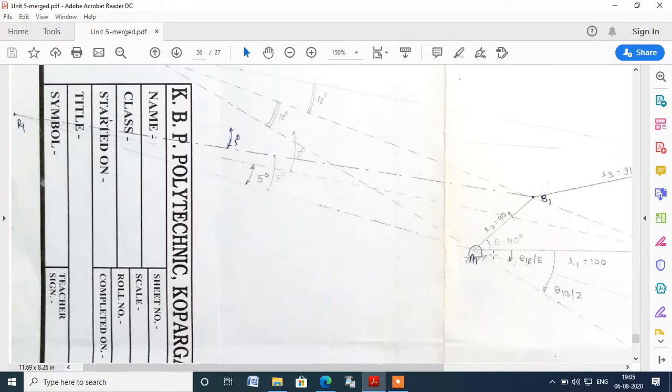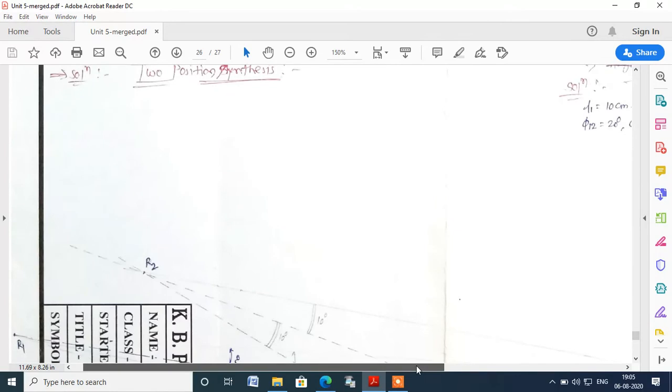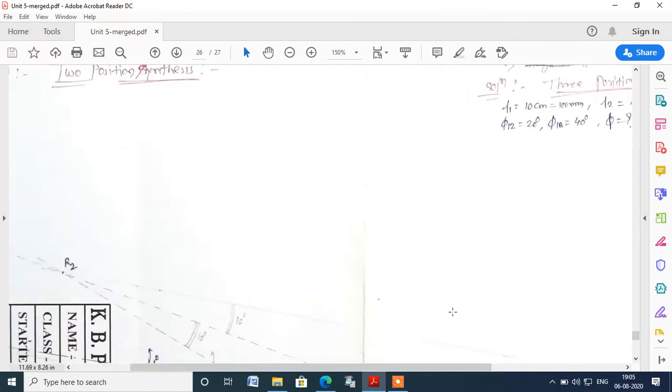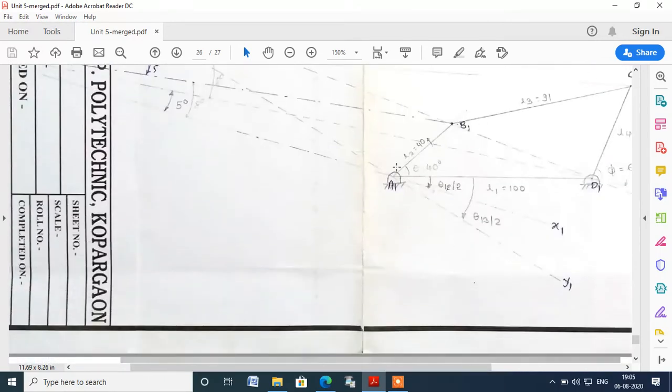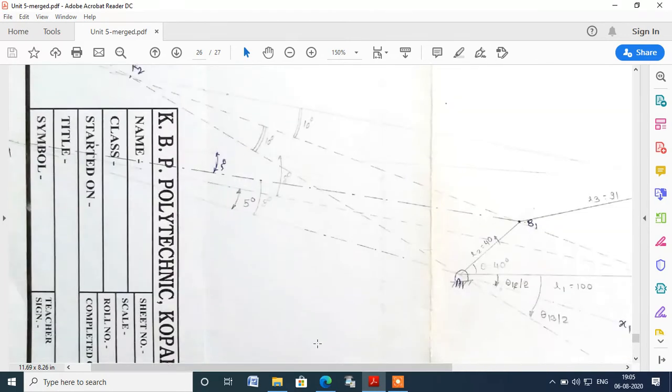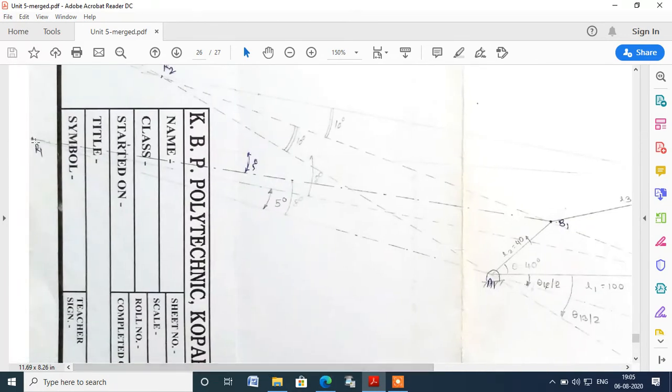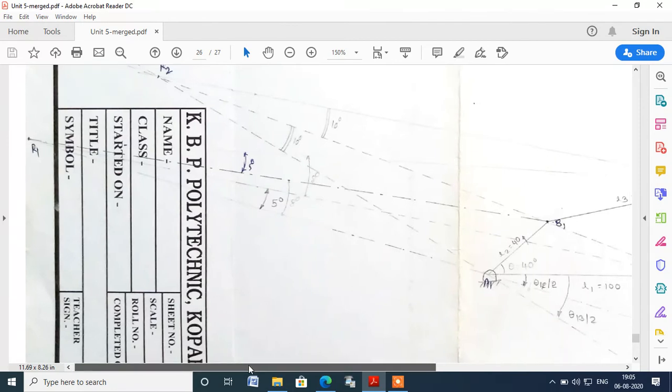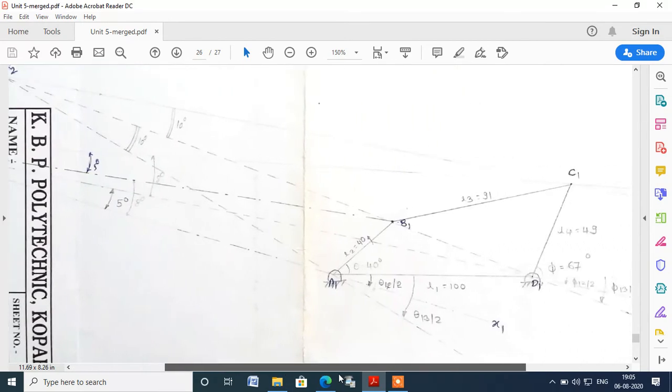Theta 12 is given as 30 degree. You have to take it in the reverse direction: this is anti-clockwise, so take clockwise. 30 divided by 2 is 15 degree. So take angle 15 degree from this line and draw a line. This is the line x1 r1. We don't know the point, just the line x1 r1.